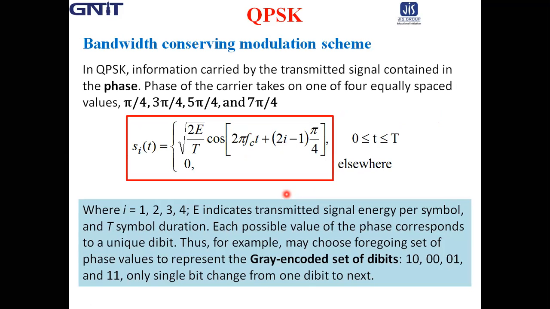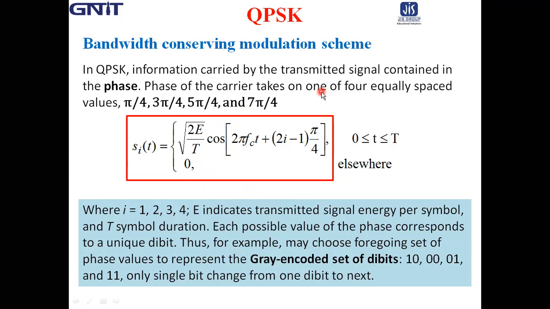Another important goal is the efficient utilization of channel bandwidth. So, in this subsection, we study a bandwidth conserving modulation scheme, which is known as coherent quadri-phase shift keying, which is an example of quadrature carrier multiplexing. So this is the importance of QPSK system.